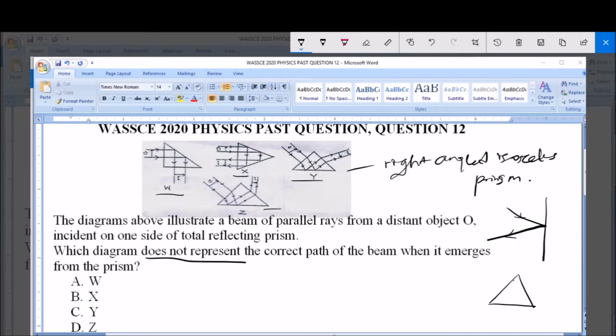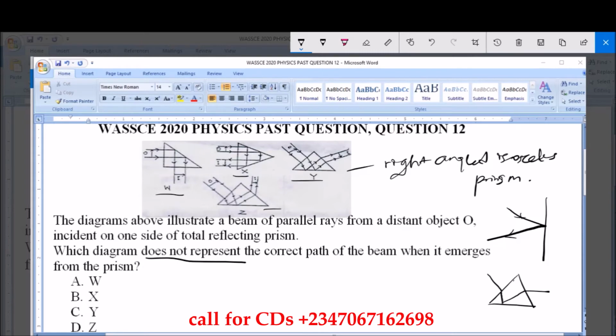Because the light is coming from air and hits the glass surface, it has to be refracted. Now as this refracted ray hits the other surface of this total reflecting prism, it gets reflected, that is, it bounces back, and as it reaches here also going to air, it becomes refracted.